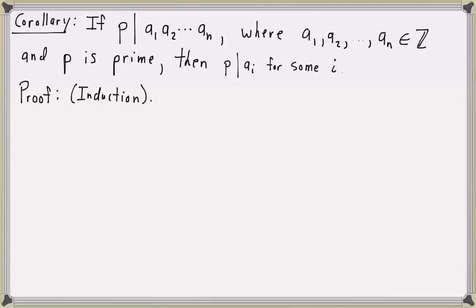So suppose there's only one factor that p divides. So the statement would be, if p divides just one number a1, then clearly p divides a1. So the statement is true.